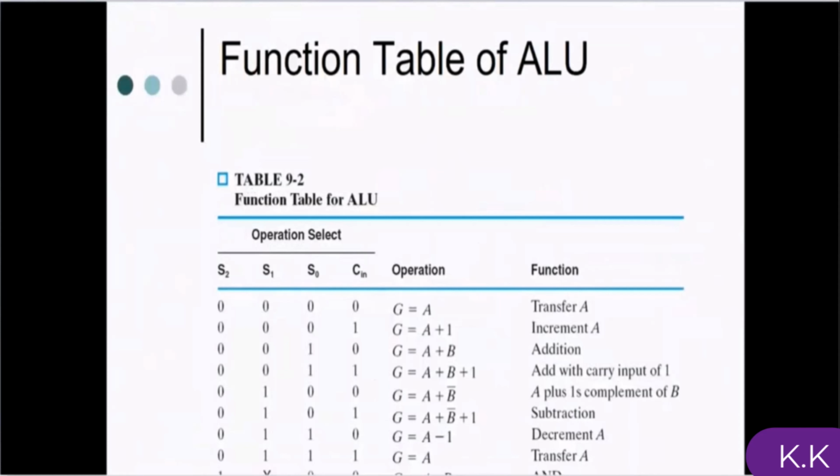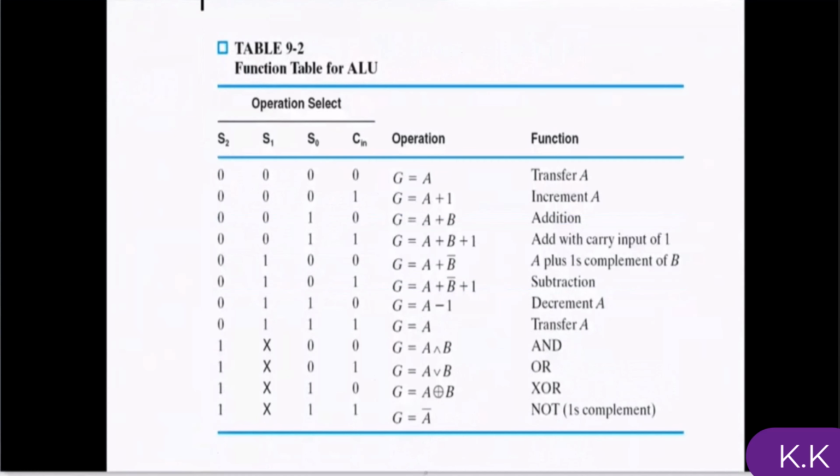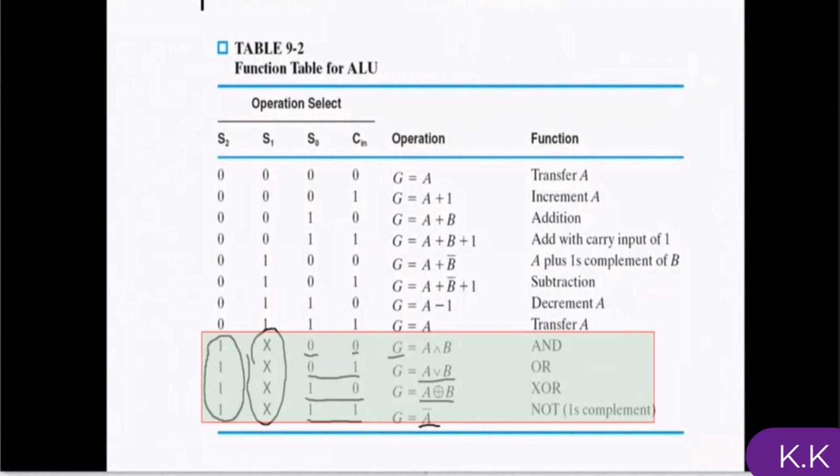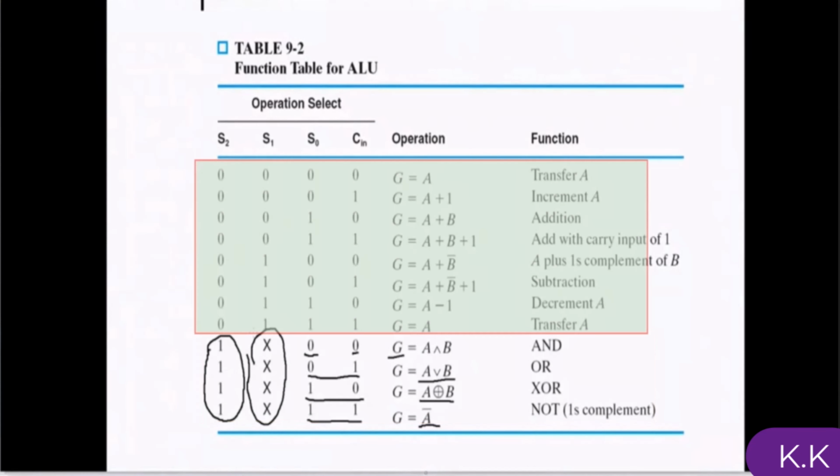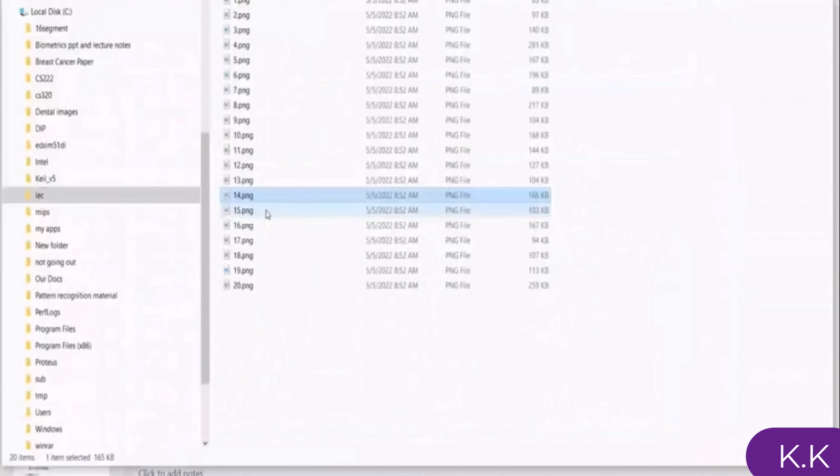As you can see, the Cin is connected to the S0 of the second module. Let's check back the previous one. The Cin is connected to the S0, and this is the Cin of the arithmetic module. We don't have a value for S1 in the logical part because it is connected to the Cin and S0.